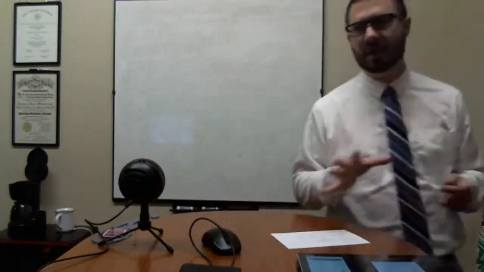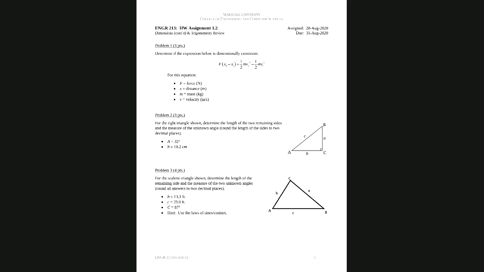Okay, so here's the homework assignment that you are all going to have for this weekend, due Monday. And when you look at the expression, we have an equation, and we want to determine whether or not that expression is dimensionally consistent. And so I'm giving you an equation. This F times a quantity x2 minus x1 equals 1/2 mv squared minus 1/2 mv squared. I want to know whether or not that's consistent.